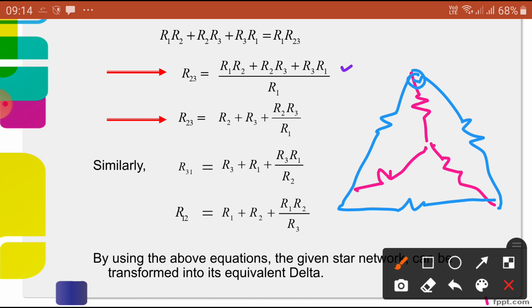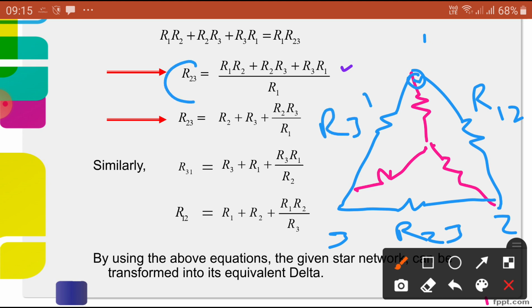So terminals 1, 2, 3. I want the R12, R23, R31. Now R23, this one I want to calculate. The values R1, R2 and R3 are given. So R23 is equal to what?